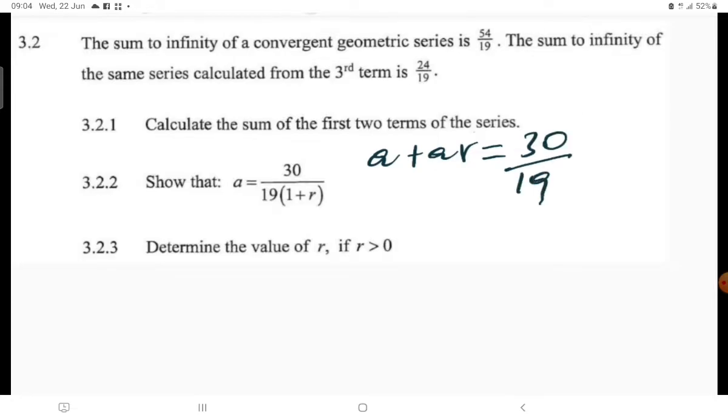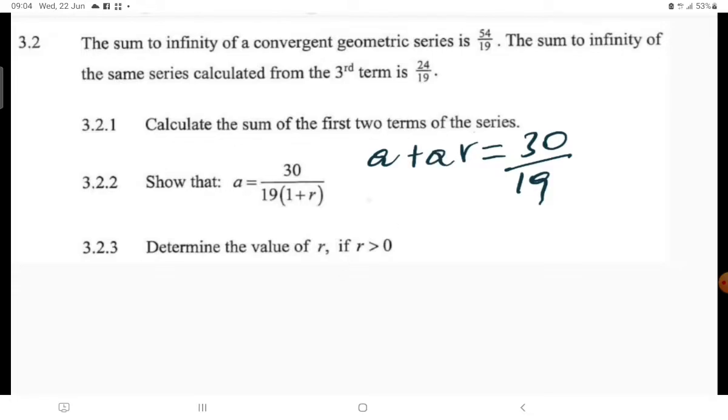That's what we got, because this is the sum of the first term and the second term, which is what we got in the first question. So this is a, then ar.